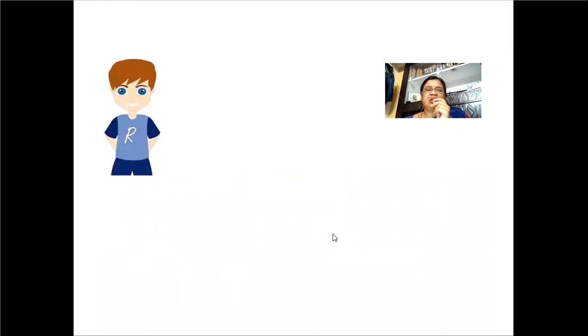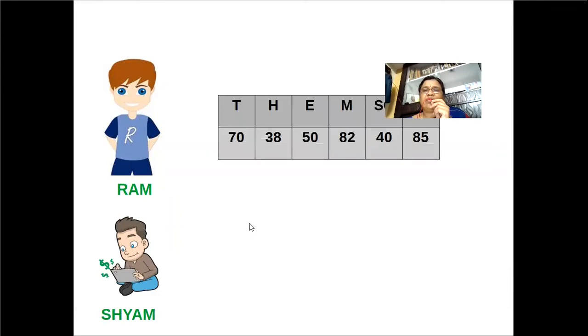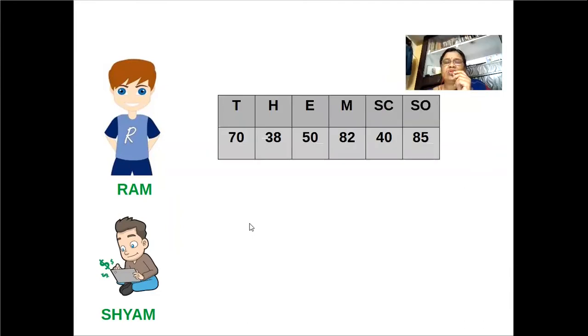See, let us see. This is Ram and this is Sham. So both of the students have appeared for the 8th class SA2 examination, that is final examination, and they have got the marks like this.